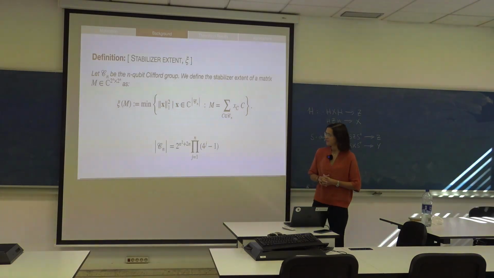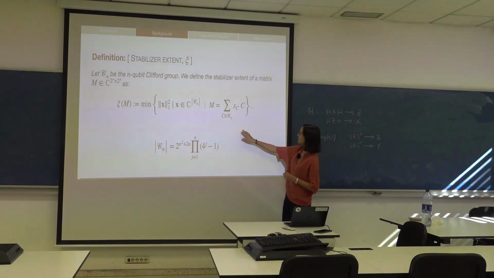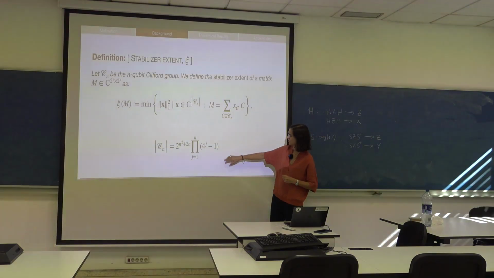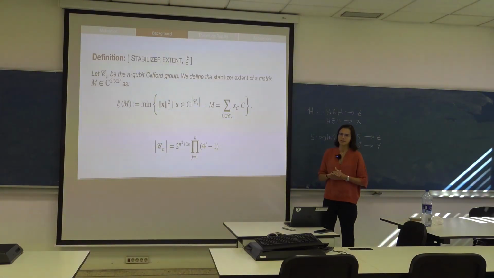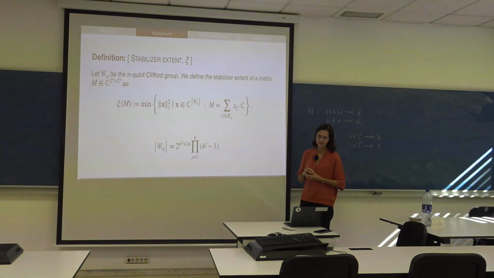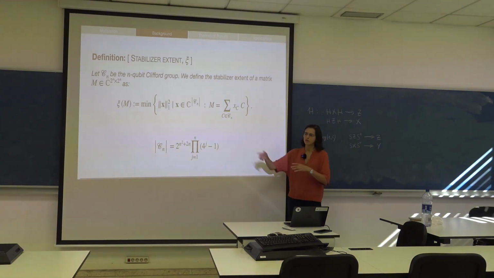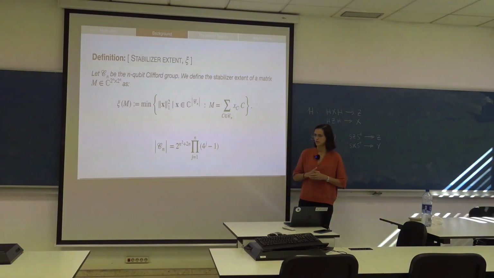But the reason why this is hard is because the size of the Clifford group scales super exponentially with the number of qubits. Until our work with Julio and Juani and Marcus, people were able to compute the stabilizer extent for unitaries of up to 2 qubits, more or less. From 3 onwards, this size is enormous. You would need a lot of memory, and it becomes a problem.